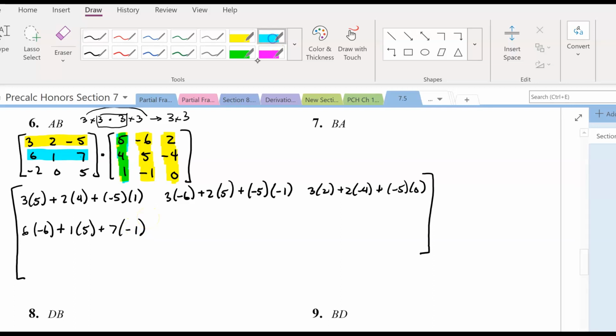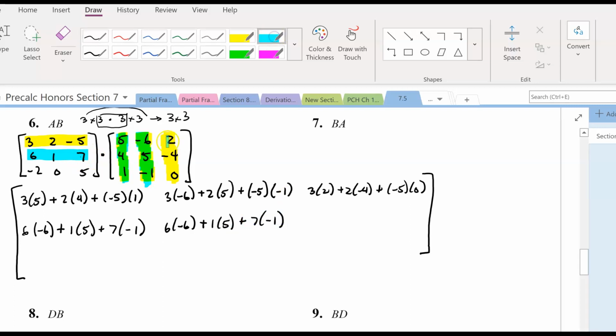All right, and then I'm going to multiply this second row by this second column. So 6 times negative 6 plus 1 times 5 plus 7 times negative 1.